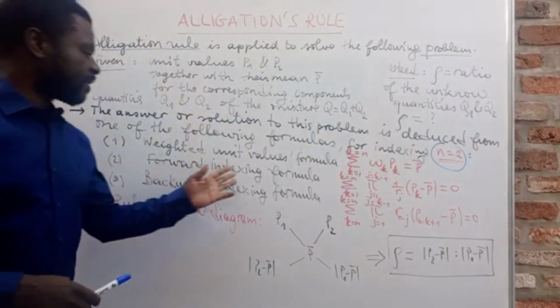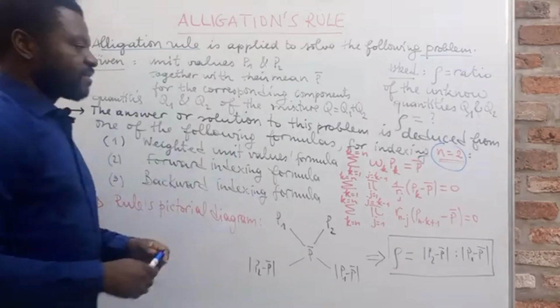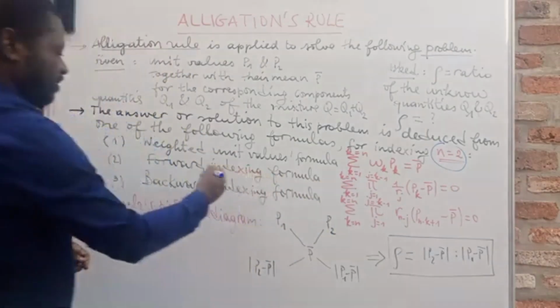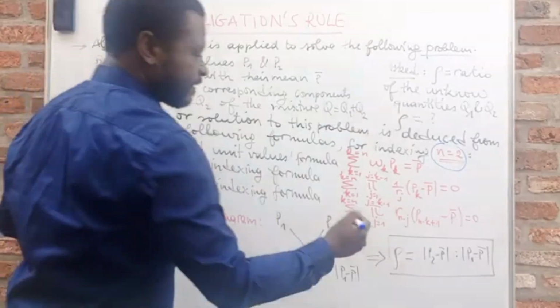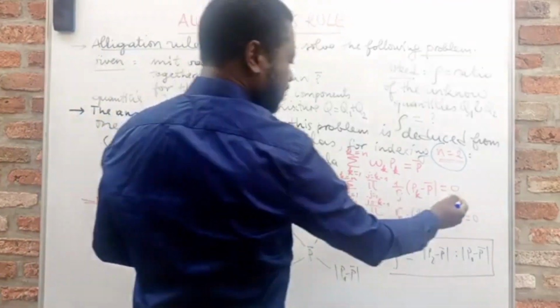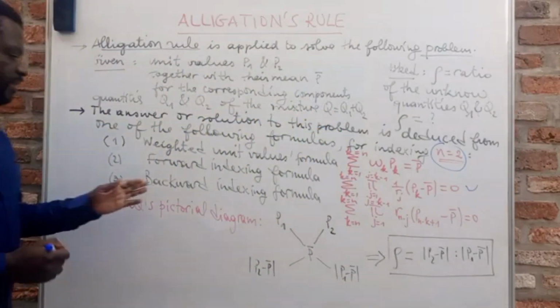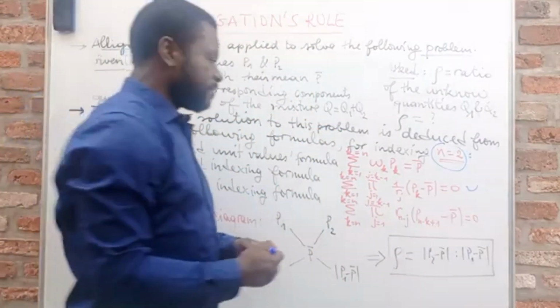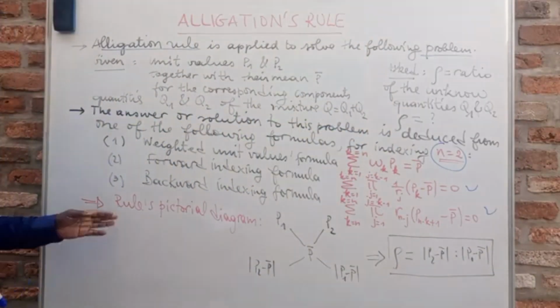The second and third formulas are about indexing: the forward indexing formula, which is the second formula, and the backward indexing formula.